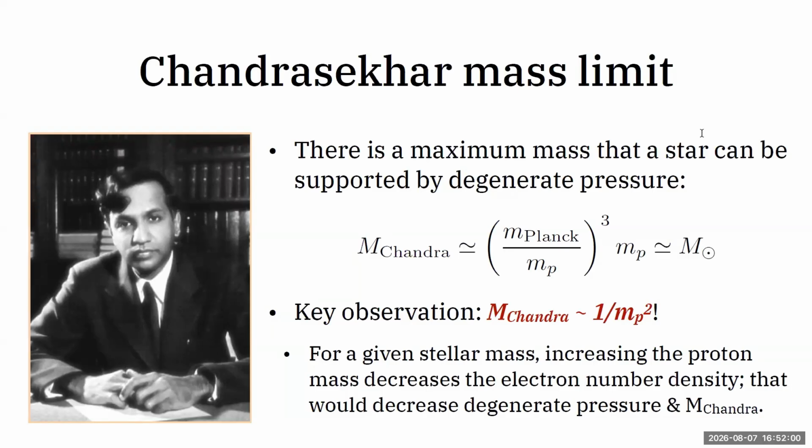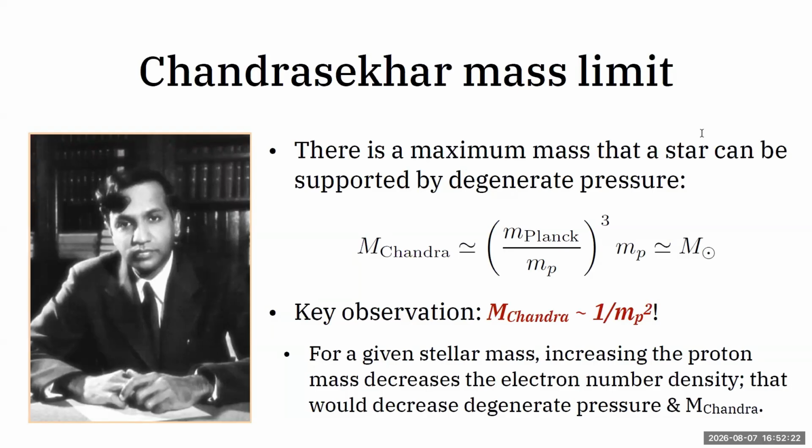Unlike Hawking radiation or gravitational waves, Chandrasekhar mass happens all the time around us. The rationale is that for a given mass of stellar object, the number of electrons is inversely proportional to the proton mass, if you assume charge neutrality. That's why this dependence comes about.